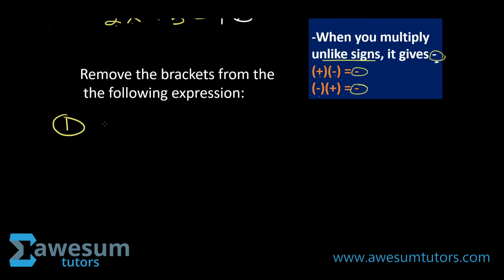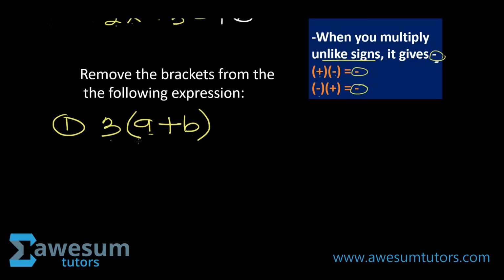Example 1. It says 3 bracket A plus B. We want to remove this bracket. So for us to remove this bracket right here, we will use what we call distributive property. So that means this 3 is going to multiply both A and B. This bracket means times, okay?